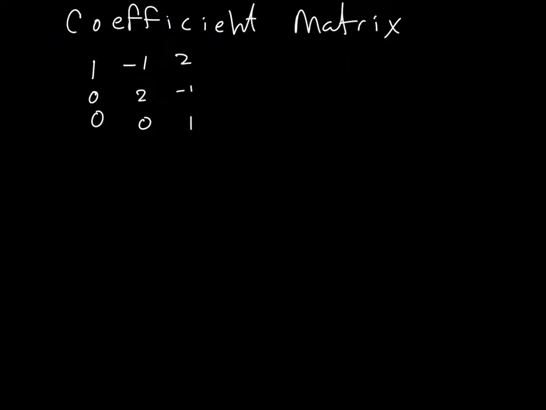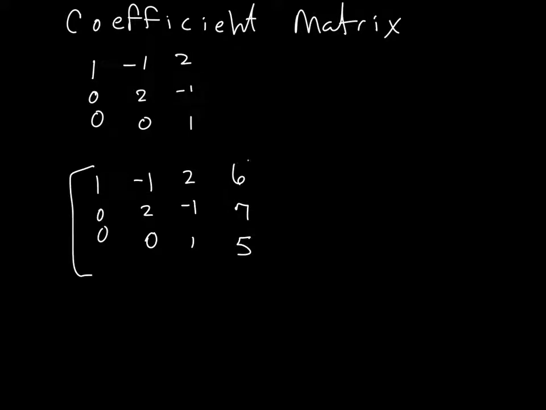Now, what we're going to use more of is what is called the augmented matrix, which is where you take all of the coefficients that you have and the column of what those were equal to, which in this case was 6, 7, and 5. And again, this is called my augmented matrix.